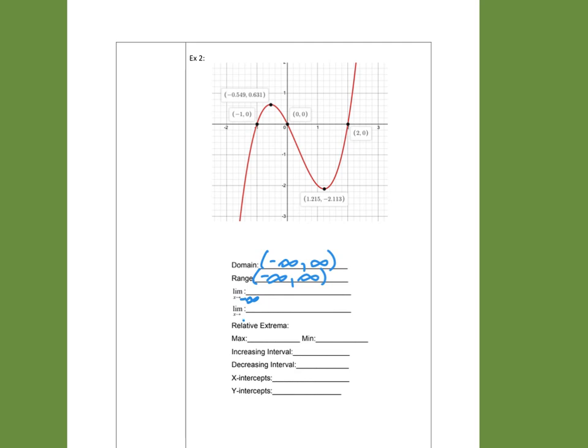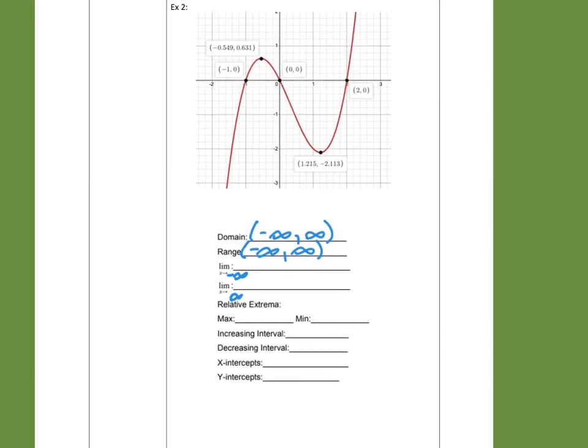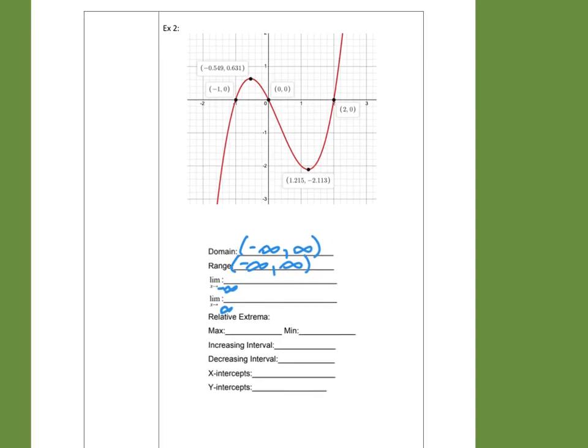Rewrite our approaches here, okay? And now we look as a bird is flying to the left, or as x approaches negative infinity, y is going down to negative infinity as well. Same thing for going to the right, y is going up, okay? Positive infinity there.